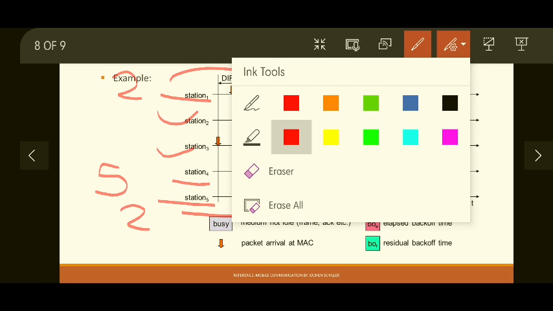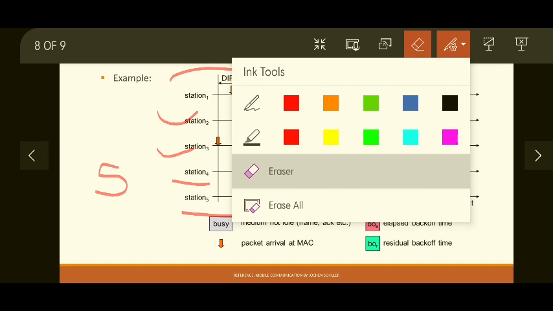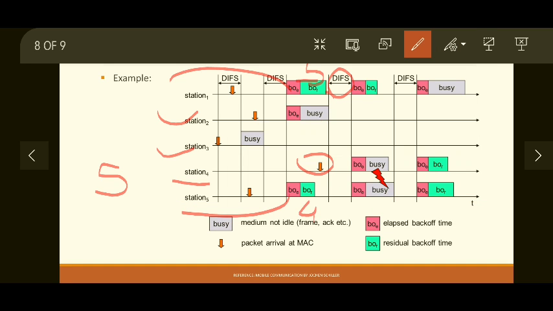Okay, now forget about elapsed backoff time. Now station 4 has started a backoff timer of 5. Now what is the residual backoff timer of 4 and 5, or let's say this is 6 for simpler calculation. Let's say this is 6.